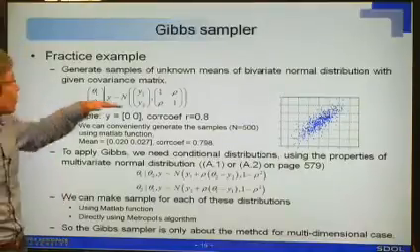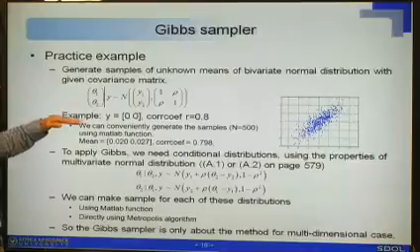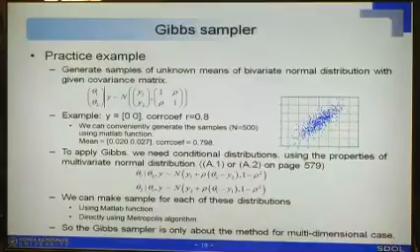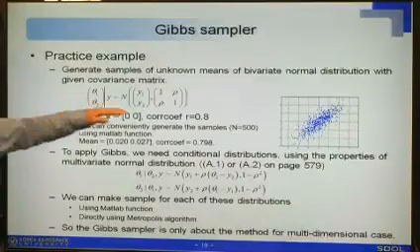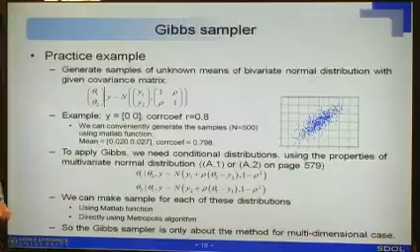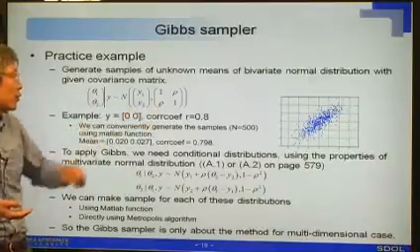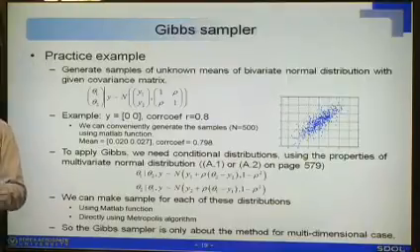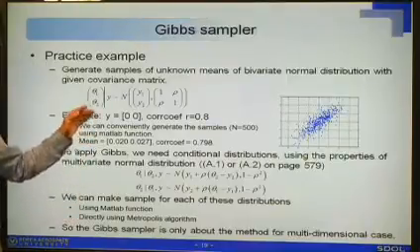And in this example, we introduce these values and make the solution for this, which means that we make the samples that satisfy this bivariate normal distribution. In this case, I put correlation coefficient rho at 0.8. 0.8 means a strong correlation between the two parameters.